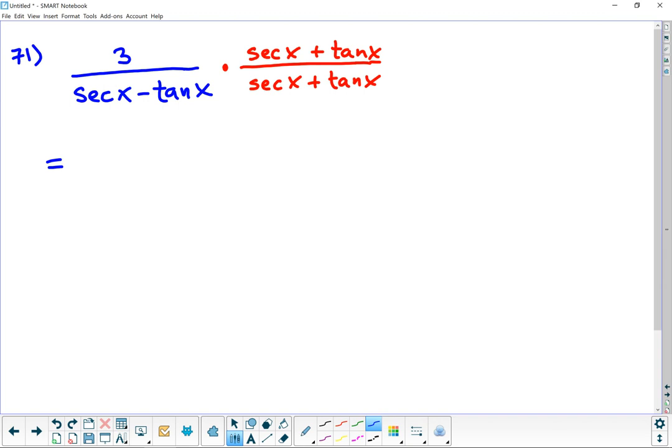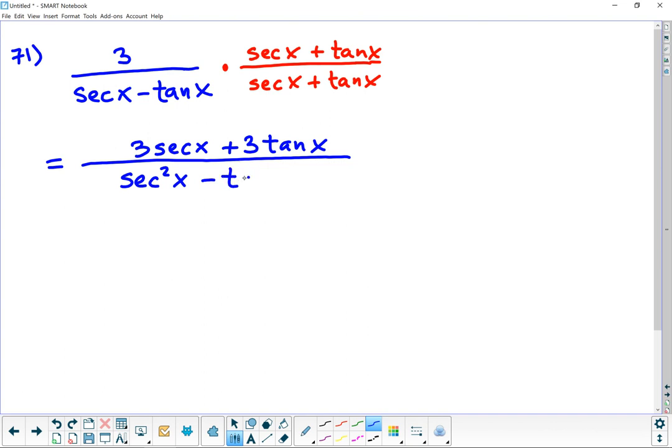If you need to, pause it while you work it out. Shouldn't be letting poor Mr. Cha do all the work for you. You'll get 3 secant x plus 3 tangent x. On the bottom, again, if you need to do the area model, pause this video while you work on it. If not, here's the answer: secant square x minus tangent square x.